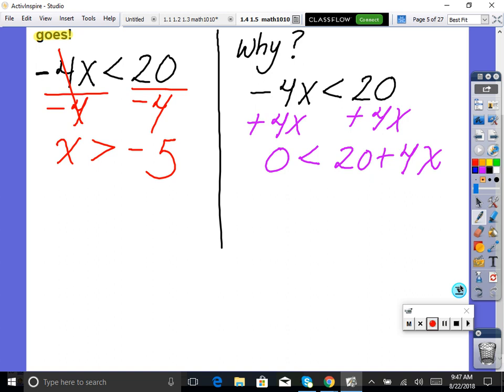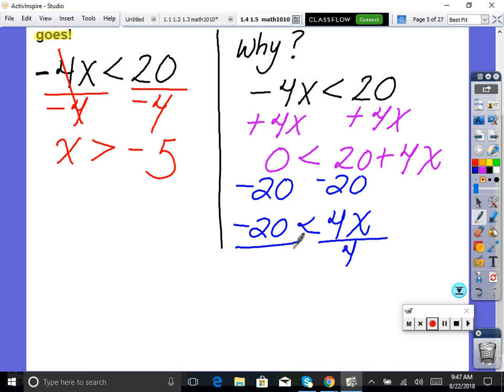Solve for x piece by piece using algebra. So when I subtract 20, negative 20 is less than, I'm reading it from left to right, less than 4x. So now what we would do is divide both sides by 4, and we would get negative 5 is less than x. Now let me clarify something.